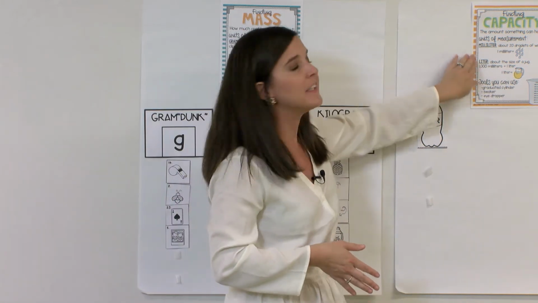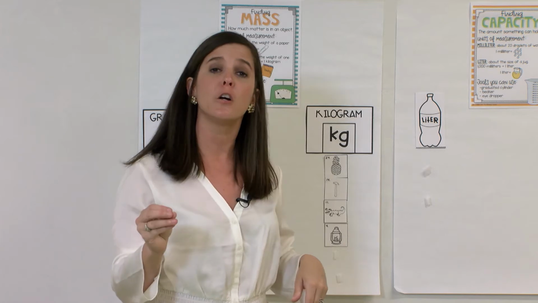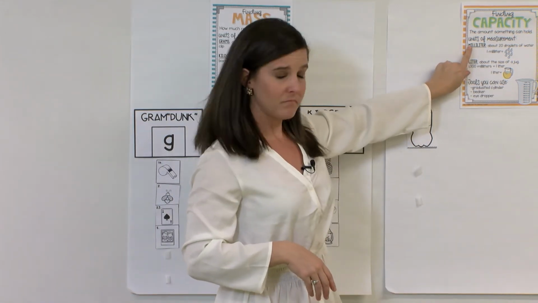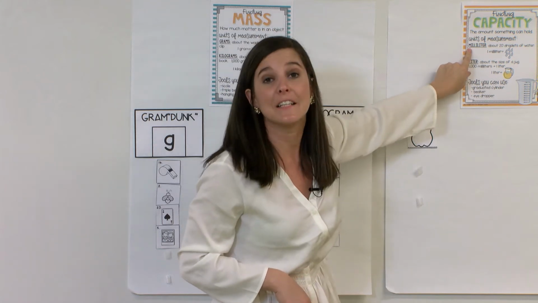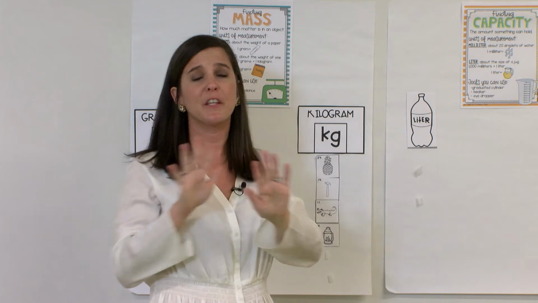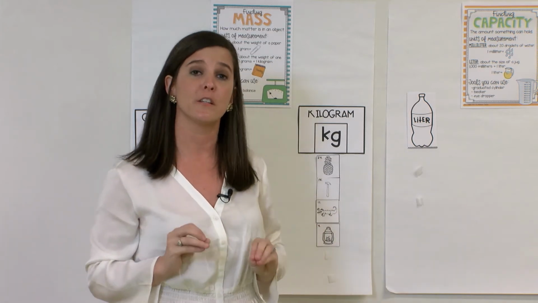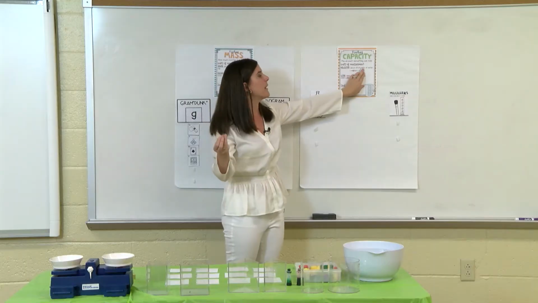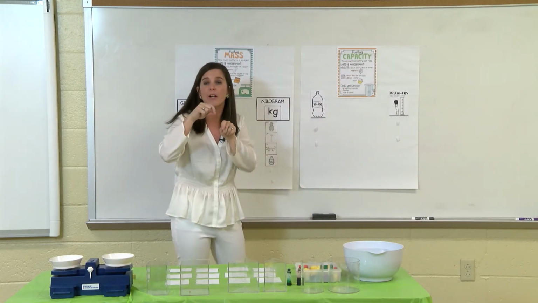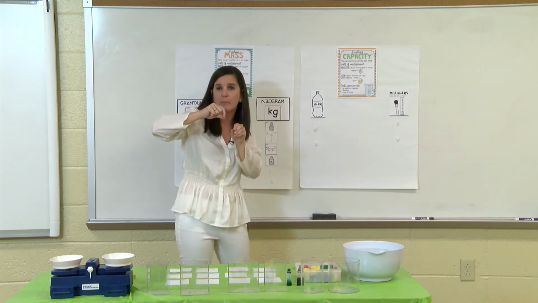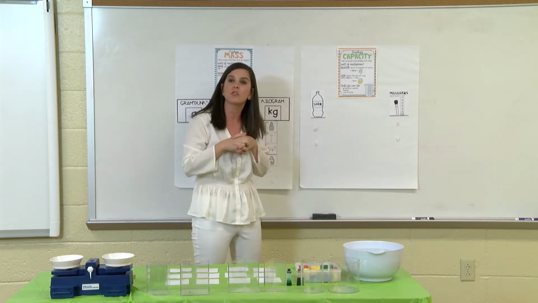Now, let's talk about these. The units of measure are different for volume than they are for mass, okay? So here, the units for volume are milliliter and liter that we're focusing on. These are not the only ones. These are just the ones that we're focusing on, okay? So a milliliter is equivalent to about 20 droplets of water. So picture just taking a dropper and dropping 20 droplets of water. Is that very much?